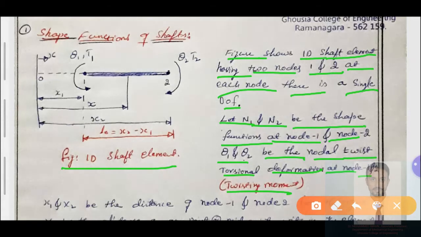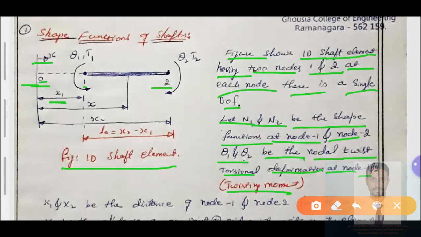You can see here a one dimensional shaft element. I have taken a shaft with two nodes, node number 1 and 2. The shaft is represented along the x direction from left towards right, with origin O. From the origin O to node number 1 the distance is x1.